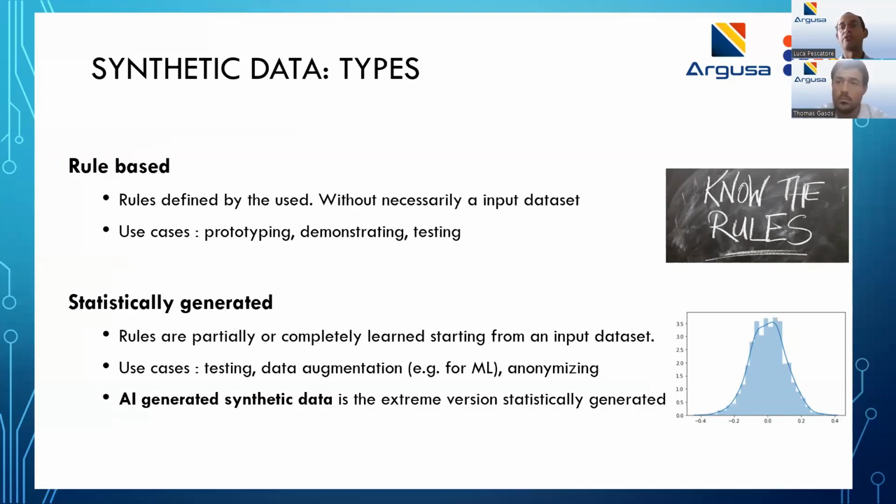But what is more interesting for us today for anonymization is statistically generated data, where essentially you have an input dataset. In our case today for anonymization, it will be the dataset to anonymize. And then using rules, you can infer the properties of the dataset and generate new data.